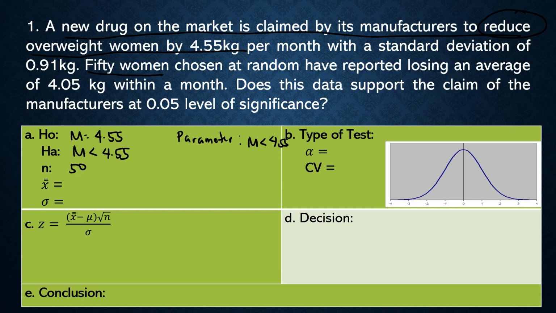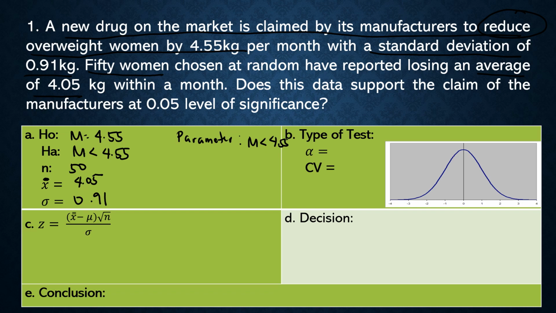It is reported that the average is 4.05 kilogram, so x bar is equal to 4.05. And for our population standard deviation, with a standard deviation of 0.91 kilogram, we have sigma equals 0.91. So we are already done with the first step.